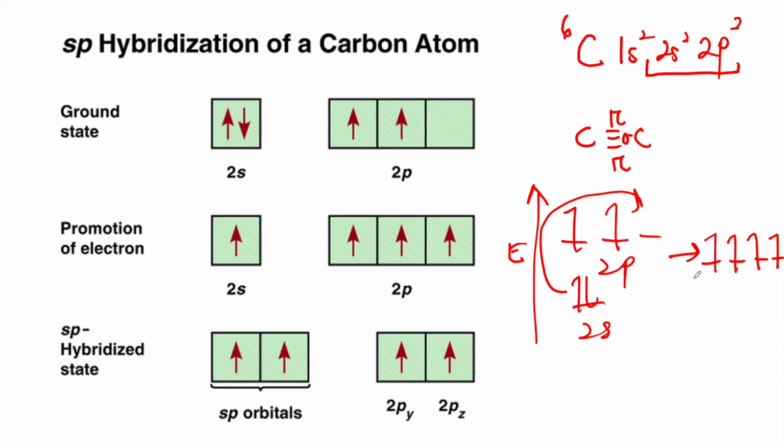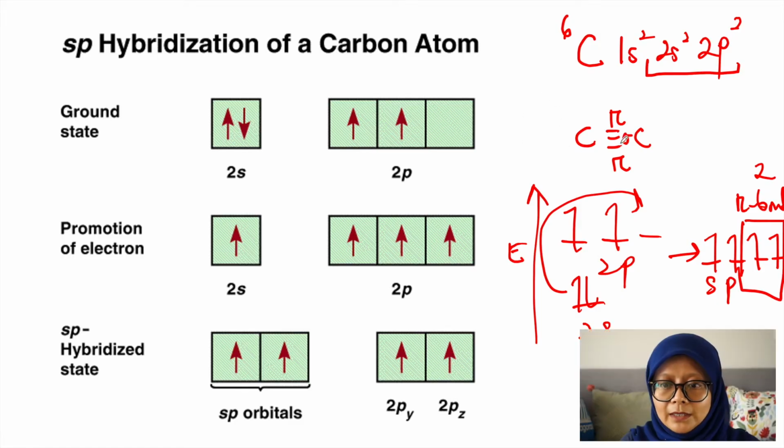This is where we have the s and also p. While these two will give us the pi bonds. How many? 2 pi bonds. This combination between s and p will give us a linear geometry, with 1 sigma bond and 2 pi bonds if we have C triple bond C.